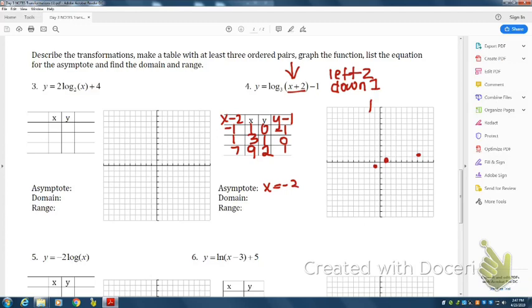So you plot that. Okay, connect the dots. It looks something like that. Your domain is x is greater than negative 2, and your range is all real numbers.